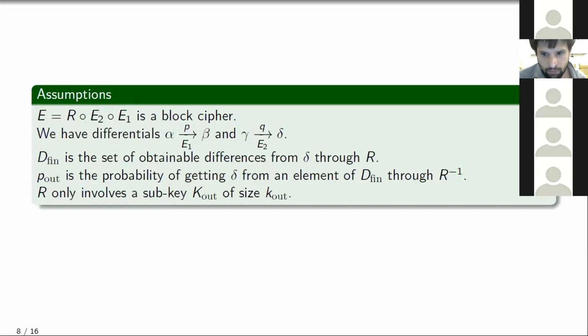We will use an additional round on the block cipher. On this additional round, we will define the set of obtainable differences from delta through that additional round, and the probability of getting delta back from an element of that set. And we will also assume the additional round to only involve a subkey.